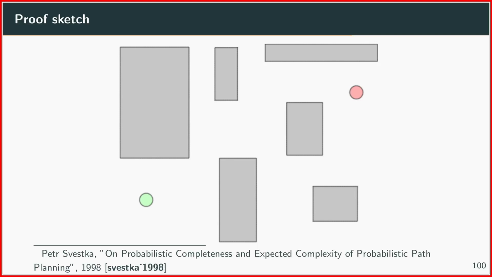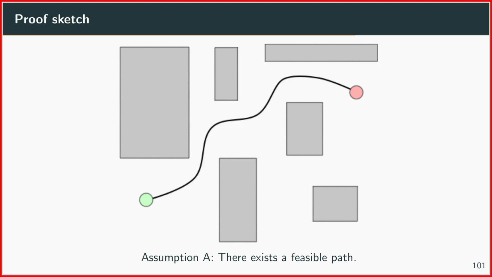The whole proof is given in the publication called On Probabilistic Completeness and Expected Complexity of Probabilistic Path Planning. This one gives you a very formal proof of how you can show that you will find a feasible solution if one exists. But I want to show you just with some visuals how this works.